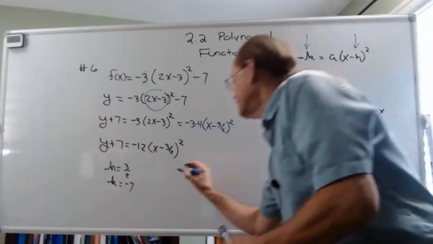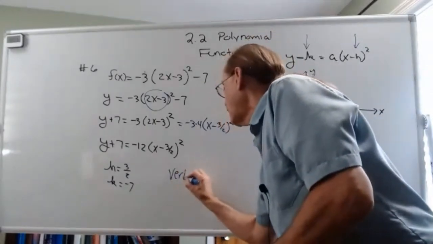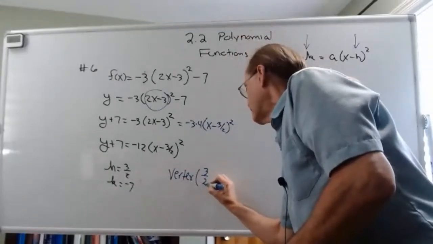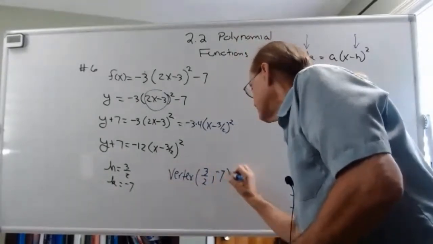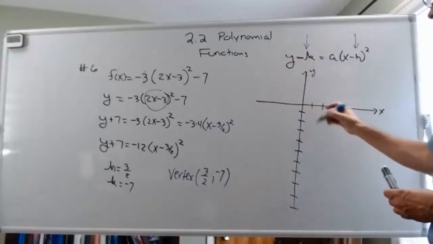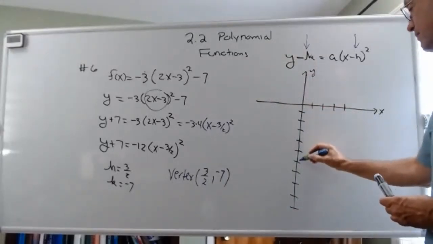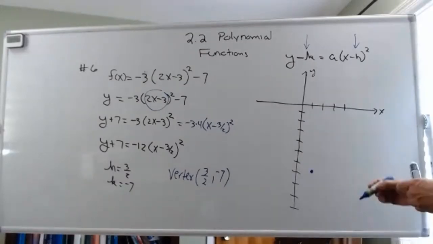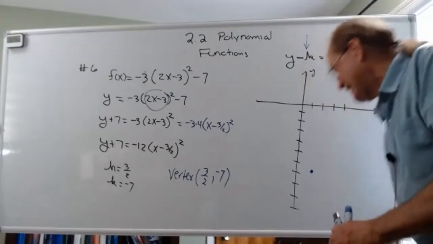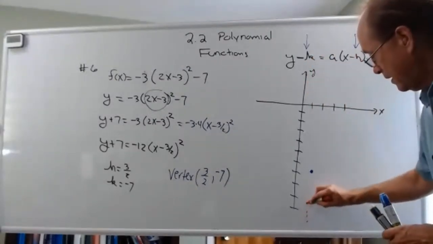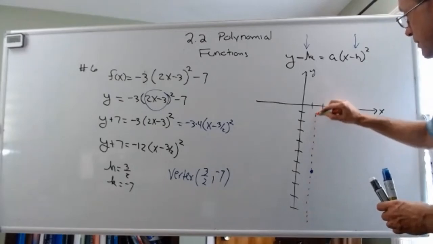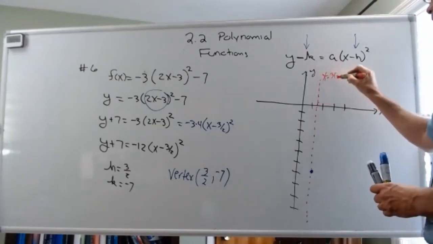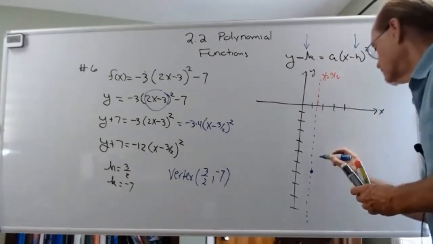The vertex is at the point x is 3/2, y is -7. Okay, so I go over here, 1.5, and 1, 2, 3, 4, 5, 6, 7. So right about there. That's the vertex. That is also the axis of symmetry. Passes right through that vertex, and right through x is equal to 3/2. And I'll put the coordinates of the vertex right here.